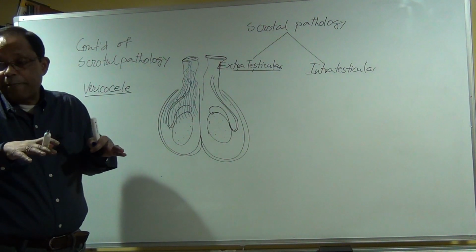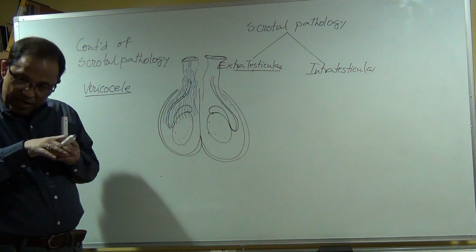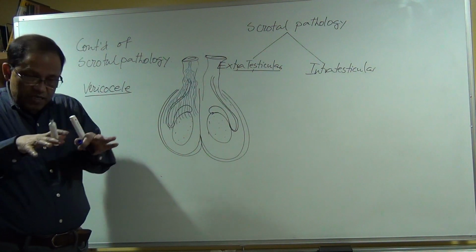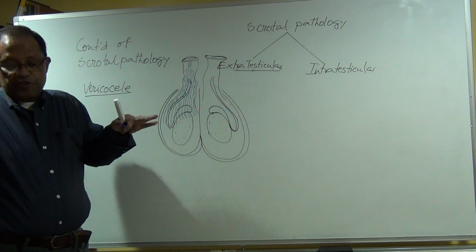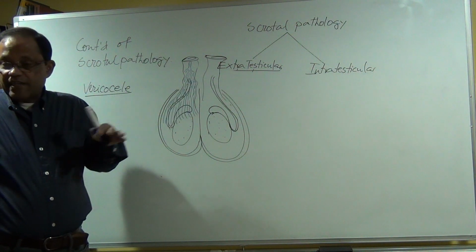That's why its name is pampiniform. Pampiniform plexus means just like a net distribution, as if it is a net.